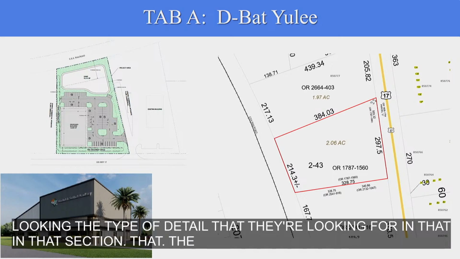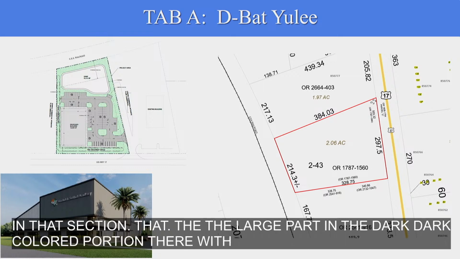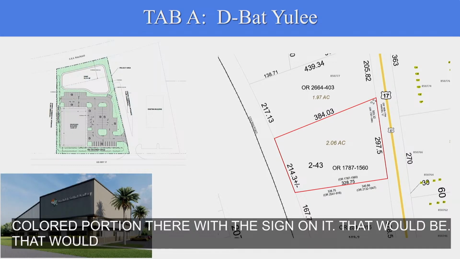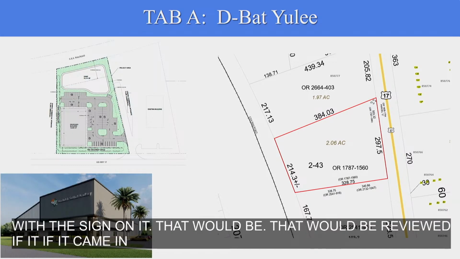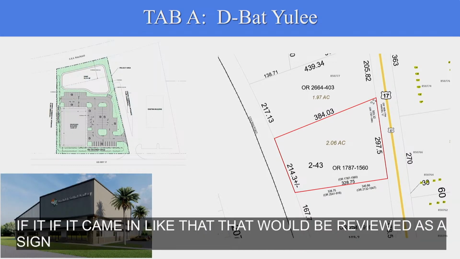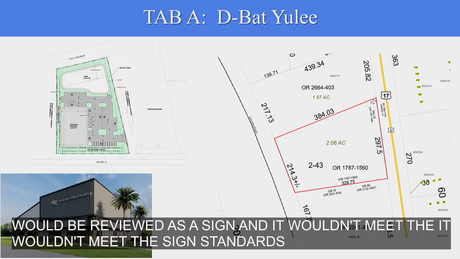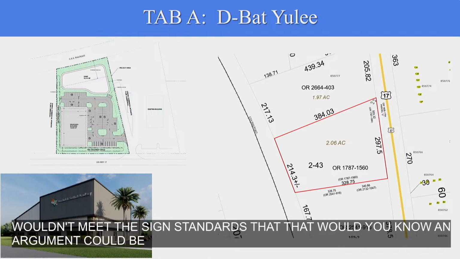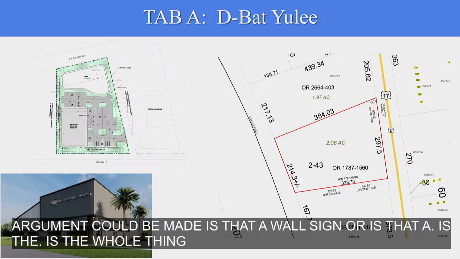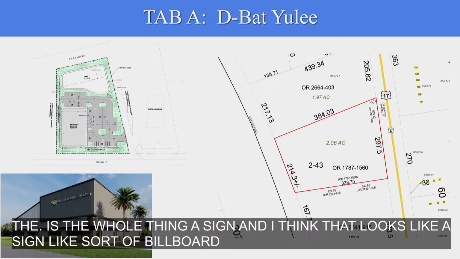The large dark colored portion there with the sign on it, if it came in like that, would be reviewed as a sign, and it wouldn't meet the sign standards. An argument could be made: is that a wall sign or is the whole thing a sign? I think that looks like a sign, sort of a billboard sign. So take a look at that.